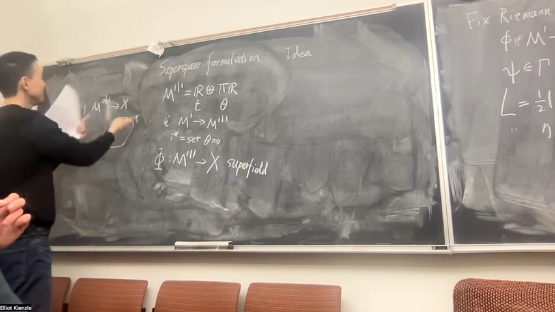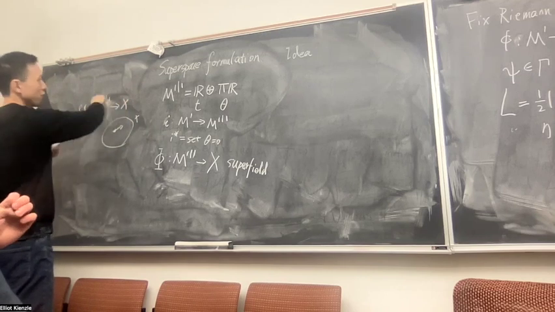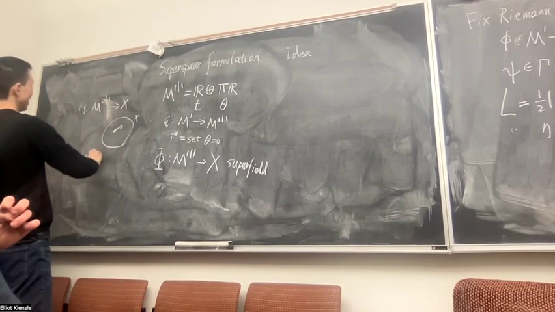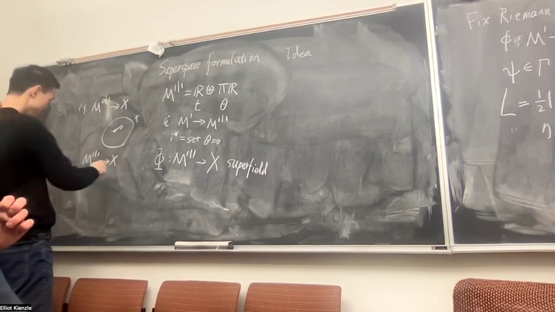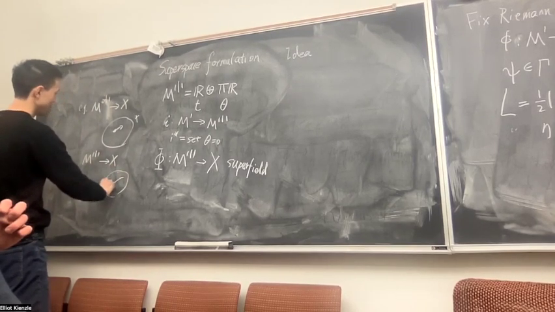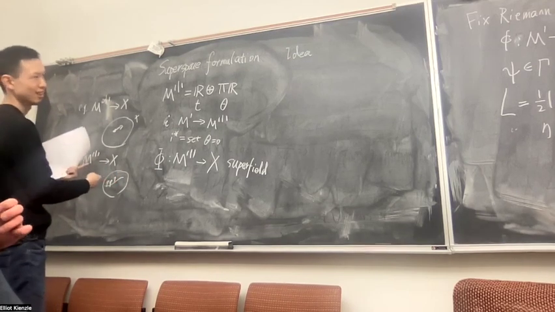You can see this explicitly from the map of rings of functions. And for a map from M11 to X, what you specify is a curve plus a vector field along this curve.